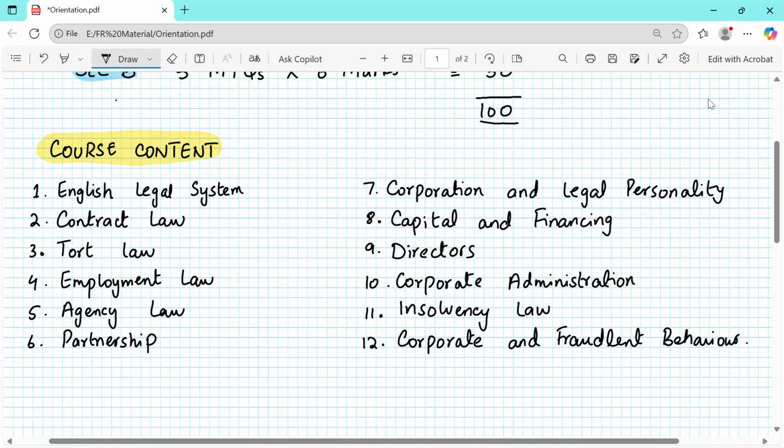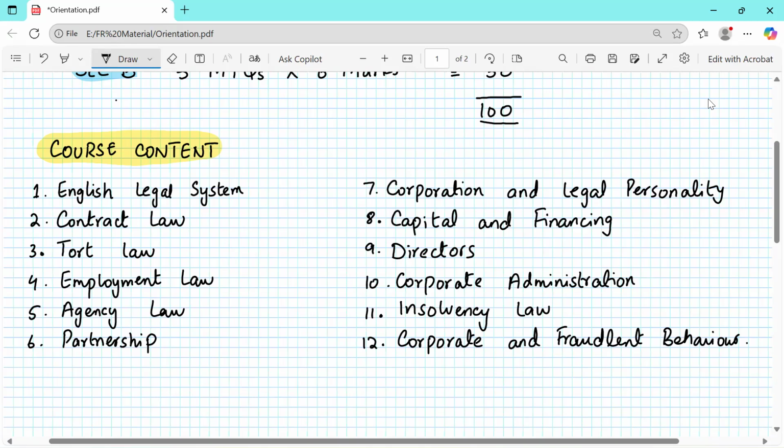In corporation and legal personality, we are going to talk about how companies are made, how companies are registered, articles, rules involved in governing the company, the concept of limited liability, different types of company like private companies, public companies.